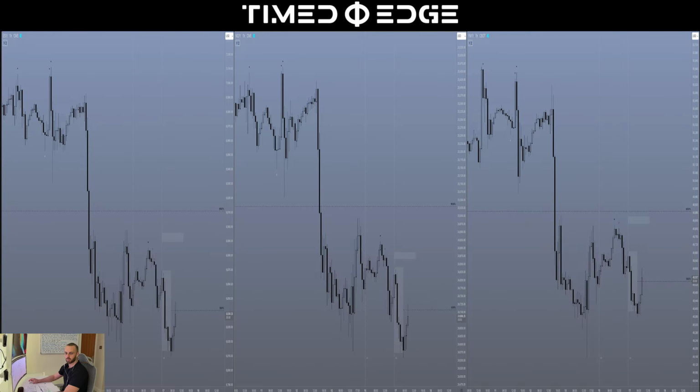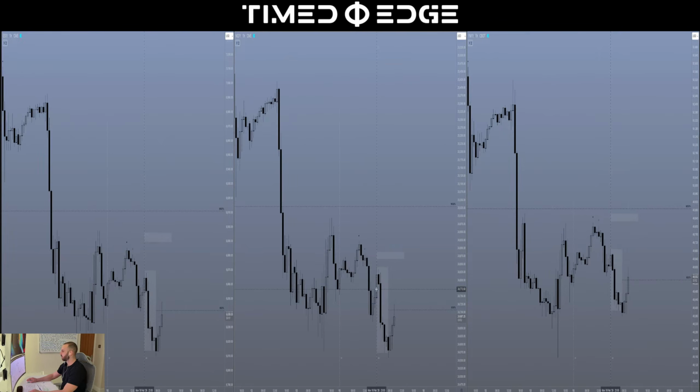Nothing we can do. Also marries up with this fair value gap in there, doesn't it?